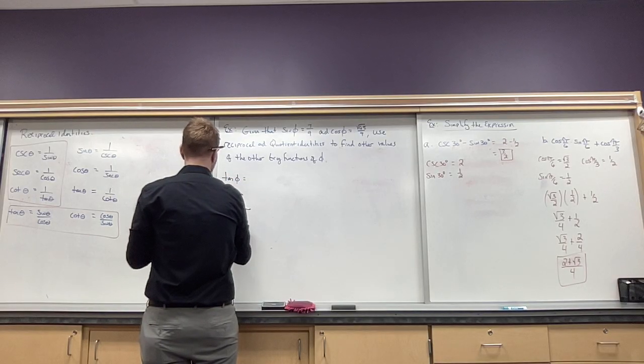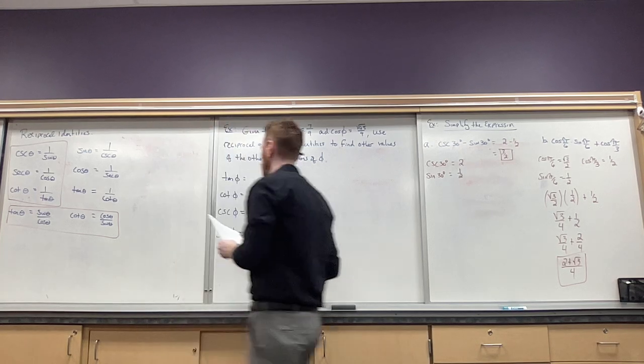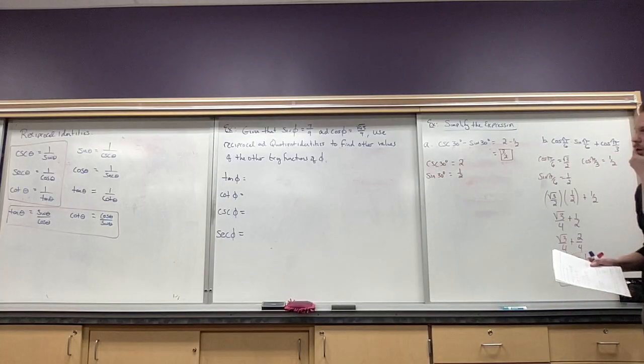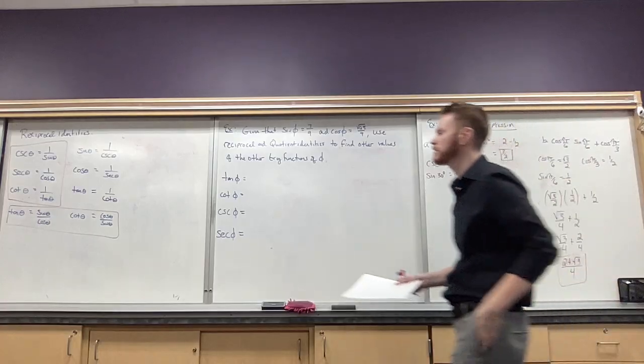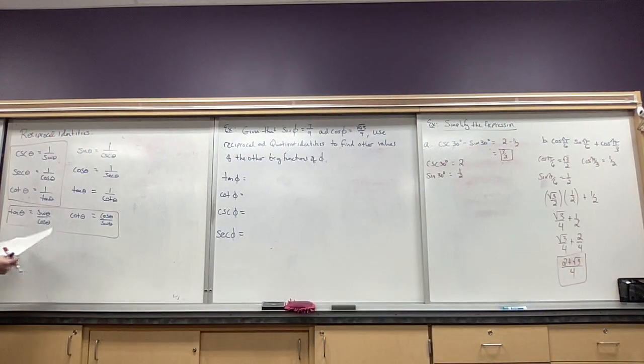So those are the other 4 we need to find. Yeah, the other 4. And again, I'm just going to use those reciprocal identities to figure out those other values.